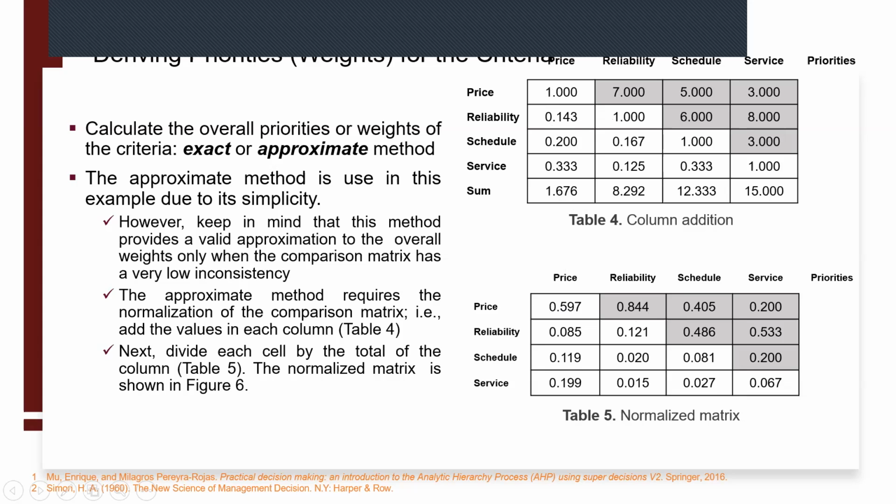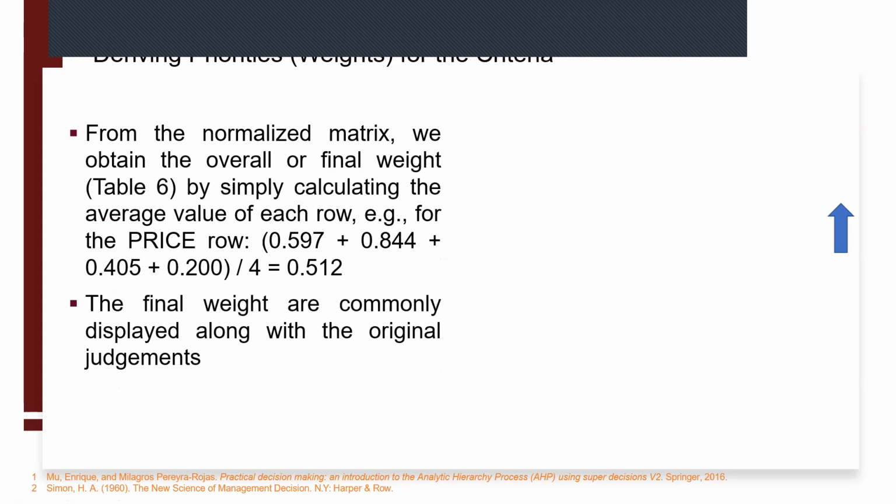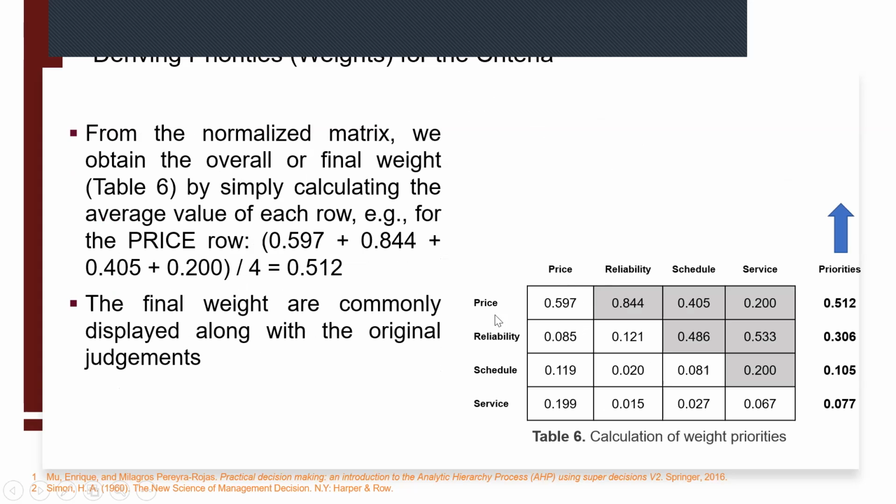Okay. So from the normalized matrix, we were able to arrive at the priorities by calculating the average value of each row.